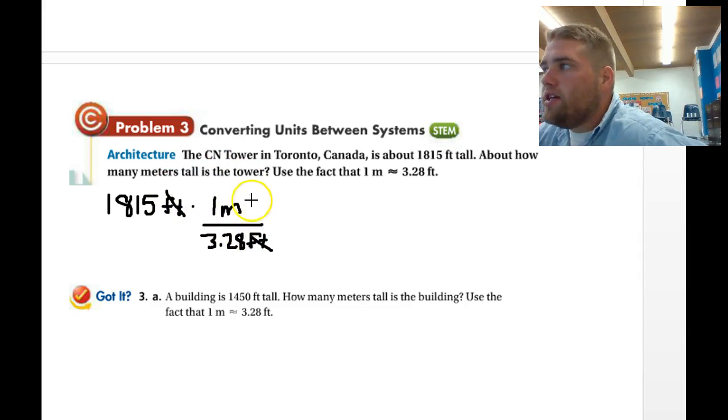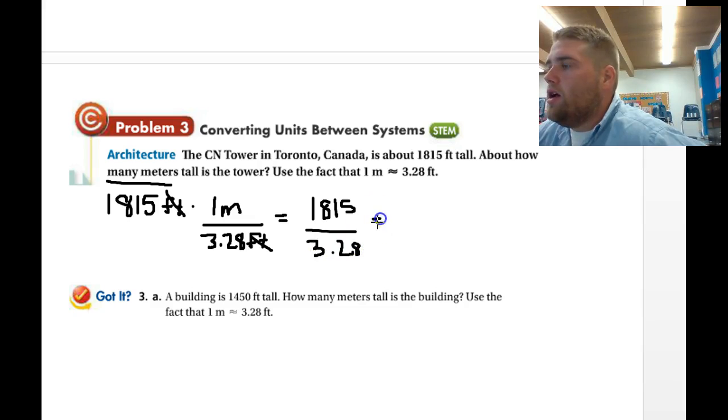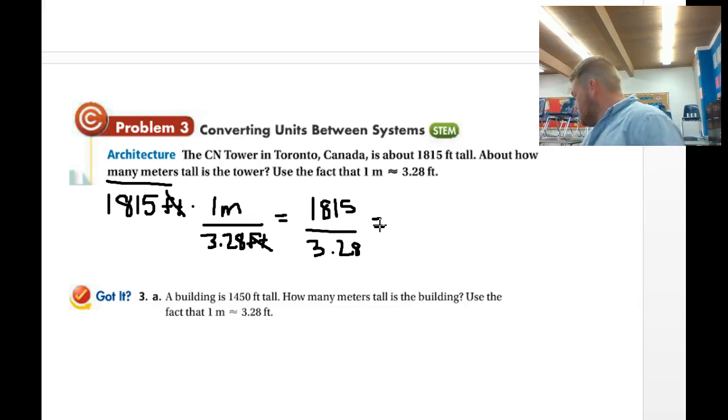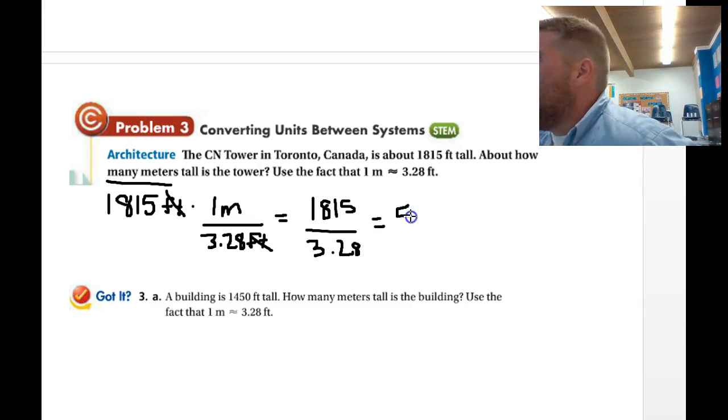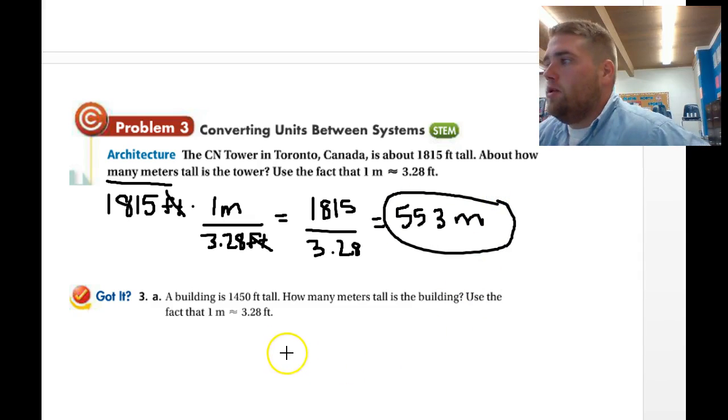The only thing left is meters, which is what I want, because it's asking how many meters. So I have 1,815 divided by 3.28, and that will give me a final answer of 553 meters.